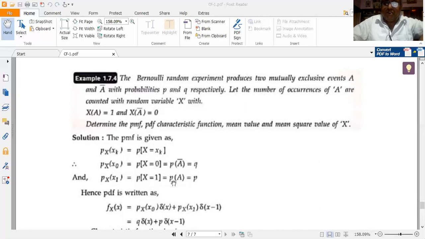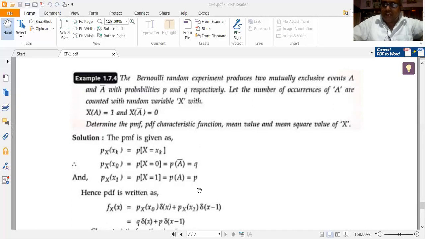Probability of A is equal to P as given in the problem, and also the probability of X equal to 1, with respect to the number of occurrences of A, because X of A is equal to 1, is what I am going to write as Px of x1.